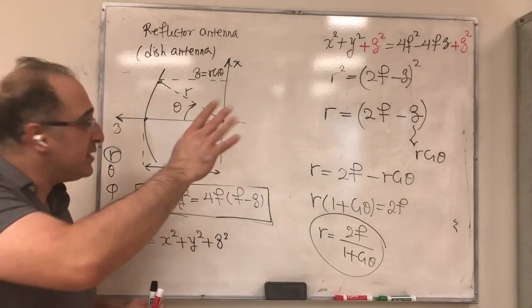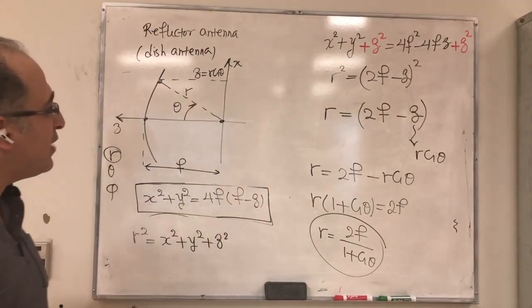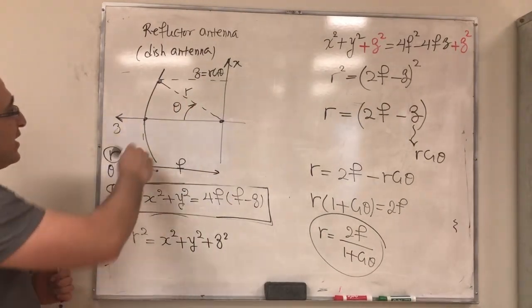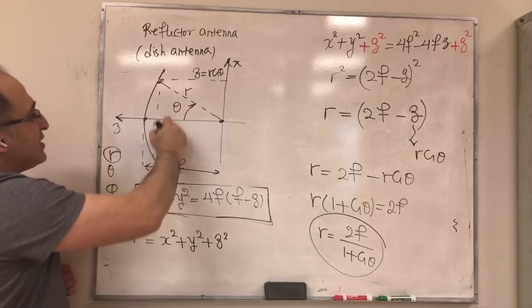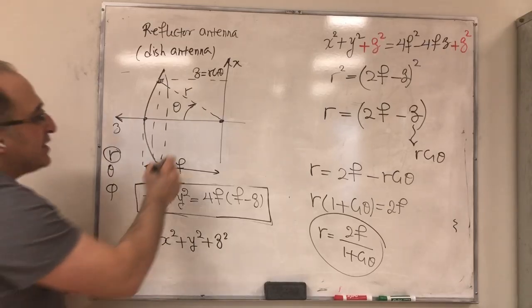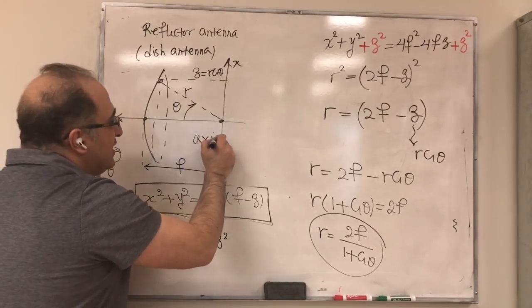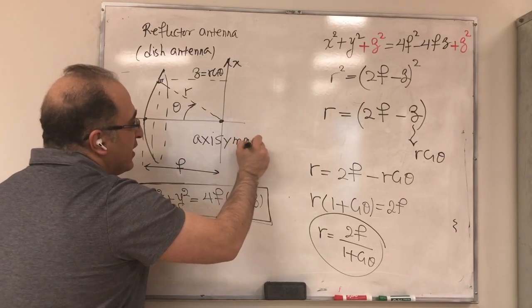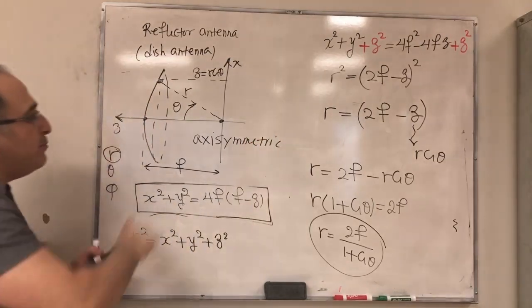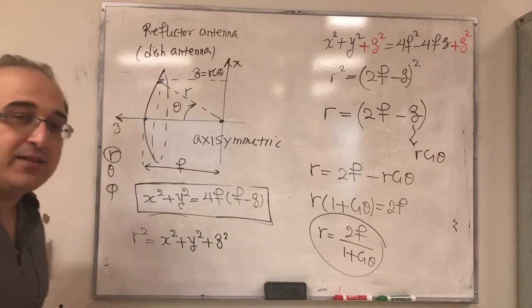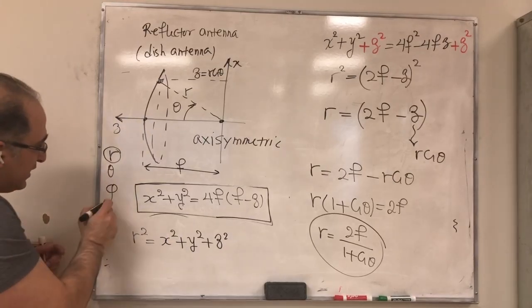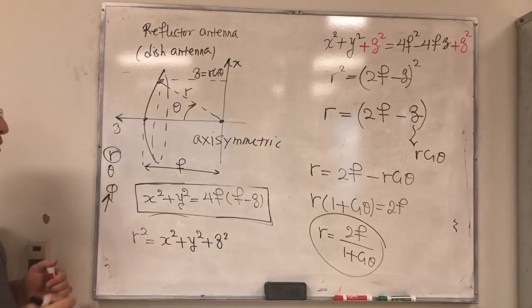Because of the way I have my reflector antenna, you have a parabola and you just rotate it around the z-axis. So essentially you get an axisymmetric reflector antenna. When it's symmetric in the rotation, it is not going to be dependent on phi, so you didn't see phi here.